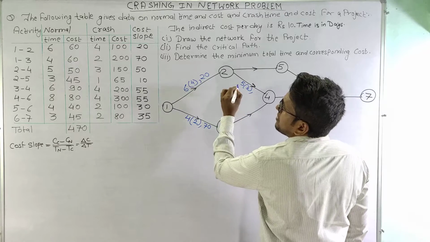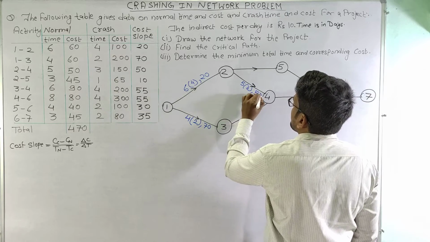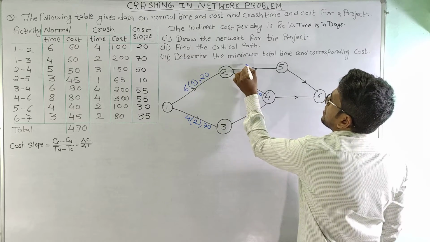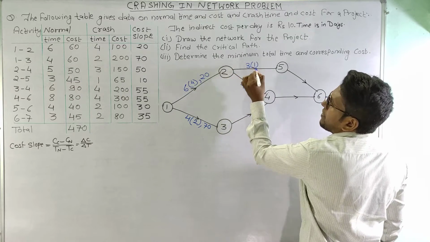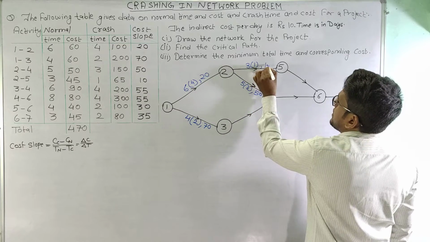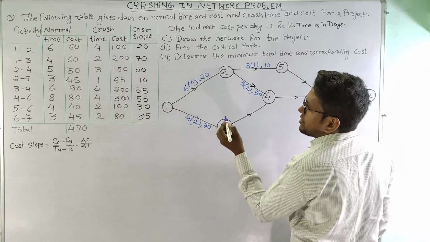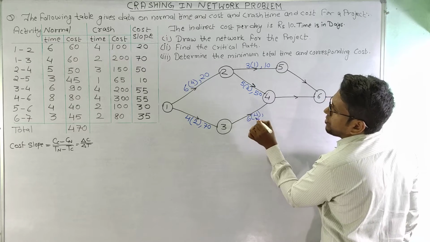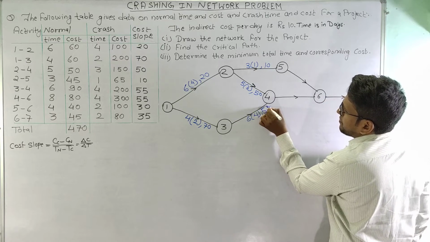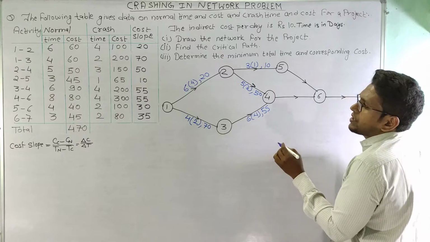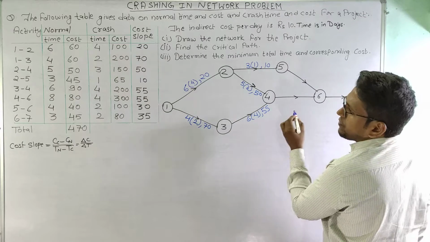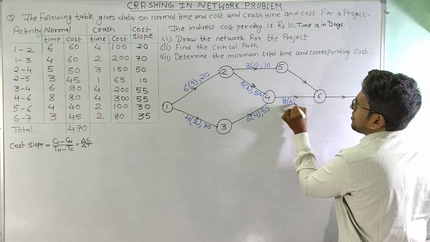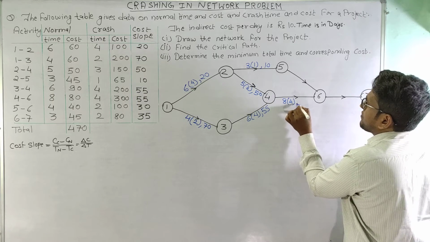3 and 15. Then 2 to 5 is 3, 1 and 10. Then 3 to 4 is 6, 4 and 55. Then 4 to 6 is 8, 4 and 55.